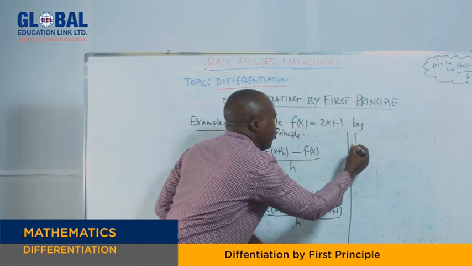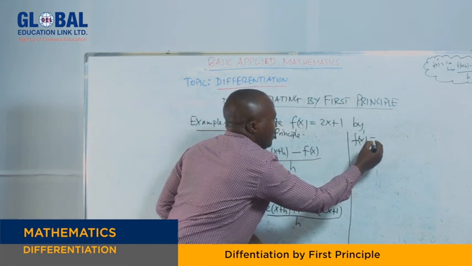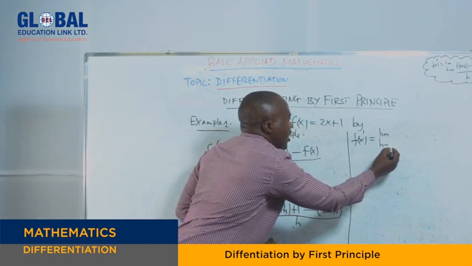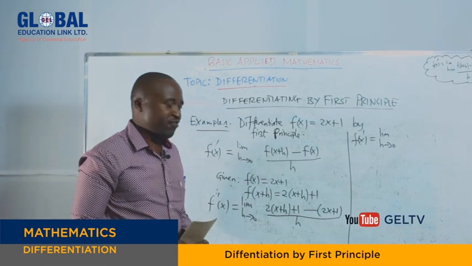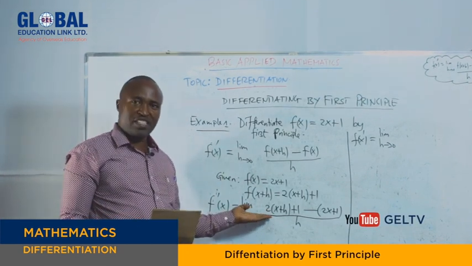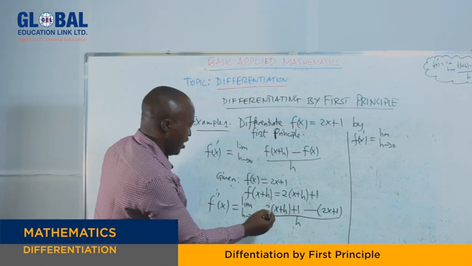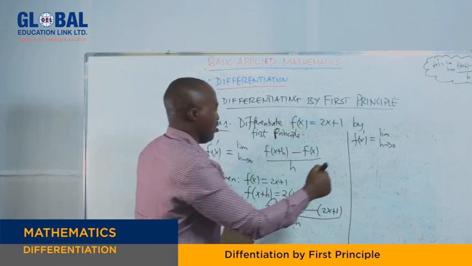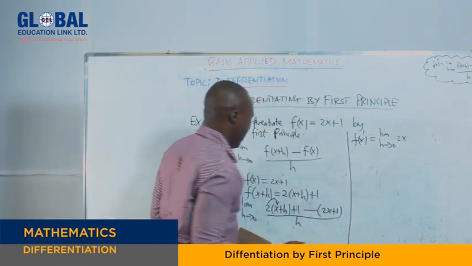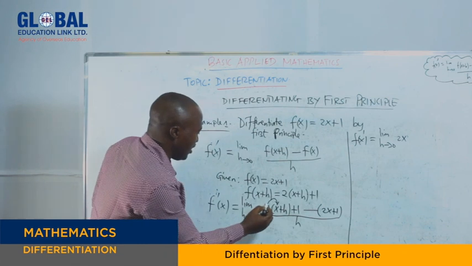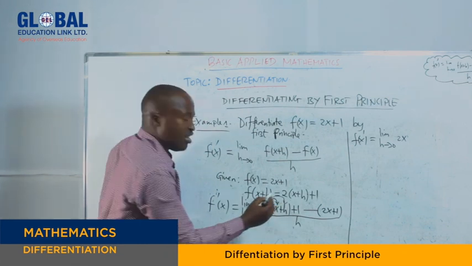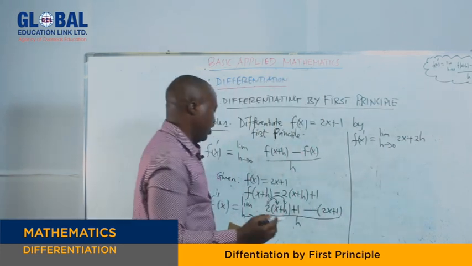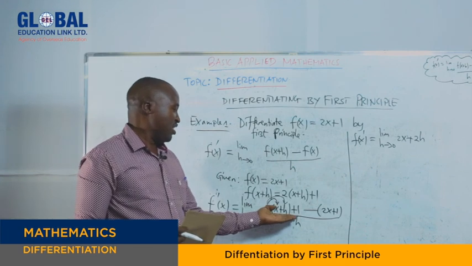So we have f dash of x equal to the limit as h approaches 0. On opening the bracket here, we are going to have 2 times x, that is 2x. Now again, you proceed by saying 2 times h, so we are going to have 2h. Then the remaining is plus 1.